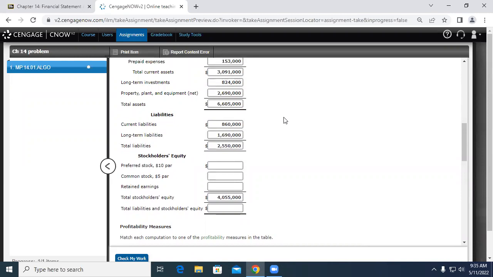What else do we know? On the balance sheet, total assets is equal to some other number. In chapter 1, we learned the fundamental accounting equation. We know that total assets must be equal to total liabilities plus stockholders' equity. So we can take that number down here as well.